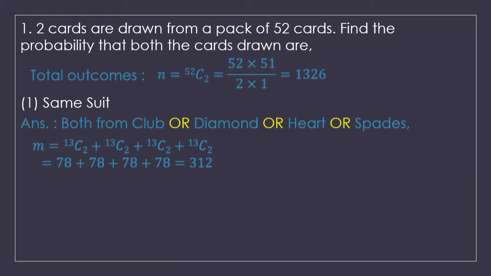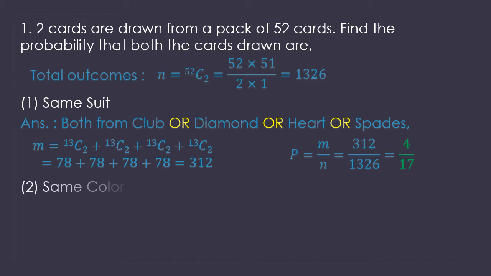So 78 per suit will make it 4 suits, that is 312 favorable outcomes. Now total outcomes are 1326 and favorable are 312. So probability is 312 upon 1326. Simplifying it will get us 4 upon 17. You just need to divide both the values by 78. So you will get 4 upon 17.